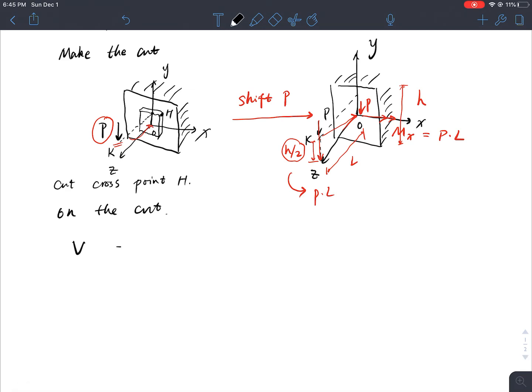On the cut, I'll have a shear force, which is P. I have a bending moment, which is PL. Do I have any moment with respect to Y? With respect to Y, I don't. Why is that? Because my force P is parallel to Y.